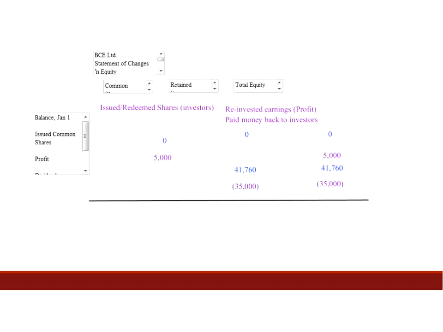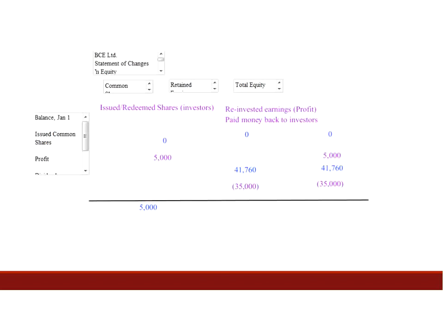Our common shares, again, we started off with no common shares. We issued shares to the first investors, and so now we have $5,000 worth of common shares. In retained earnings, we earned an income of $41,760, but we paid $35,000 of it out to our investors.